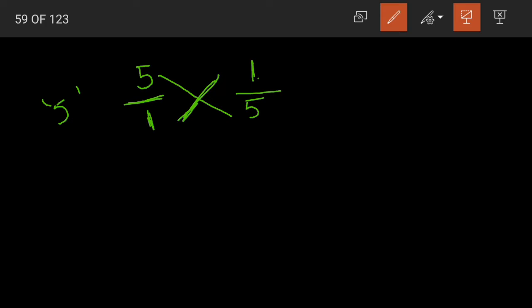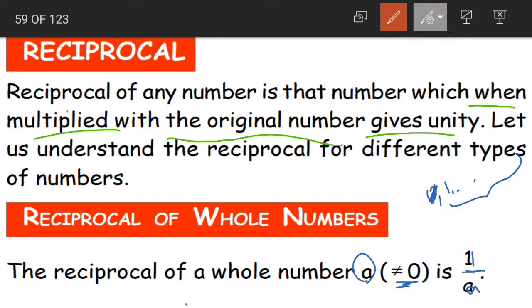Writing the reverse or the opposite of the given number. When I have 5 by 1 as my number, its reciprocal would be 1 by 5. Or when I have 2 by 3, its reciprocal would be 3 by 2. The numerator and denominator are interchanged. They exchange their places.